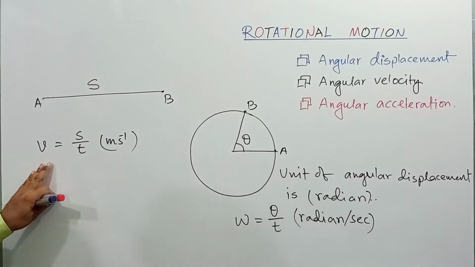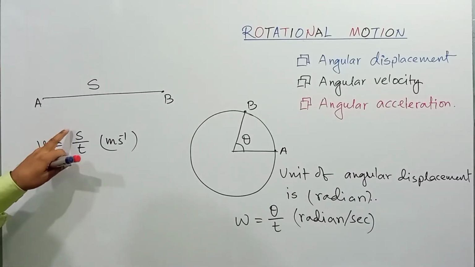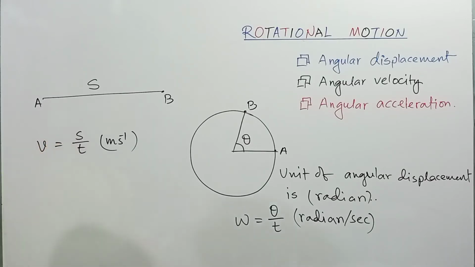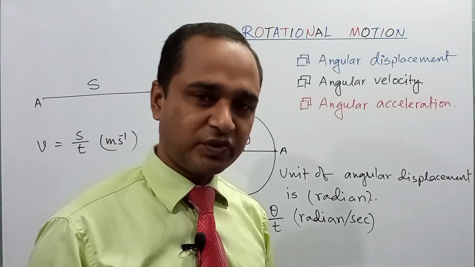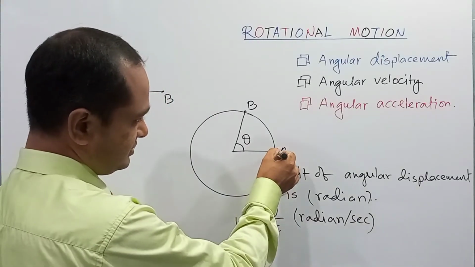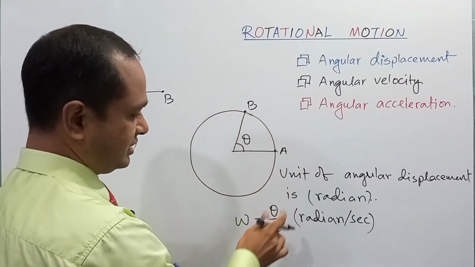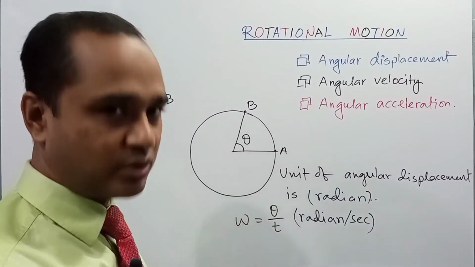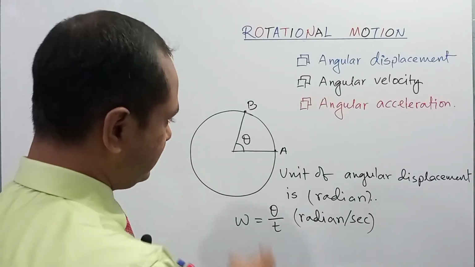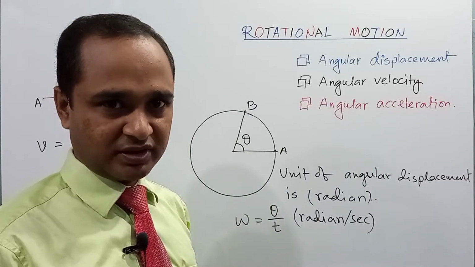Linear velocity can be expressed as s by t, and angular velocity can be expressed as theta by t. But if the body completes one rotation, then the value of theta will be twice pi. In that case, the time required to complete one rotation is called the time period.